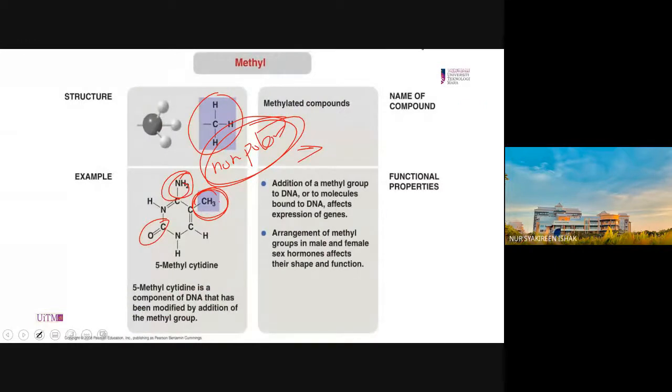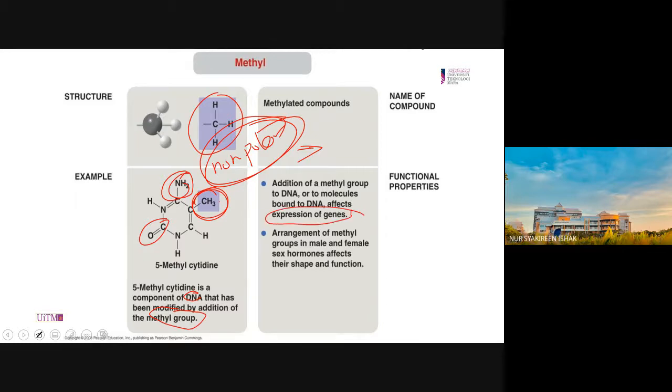So 5-methylcytosine is a component of DNA that has been modified by the addition of a methyl group. Addition of a methyl group to DNA or to molecules bound to DNA affects how the gene is expressed.